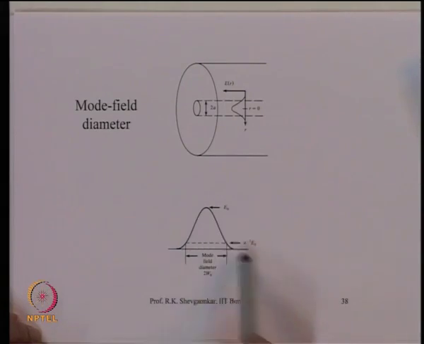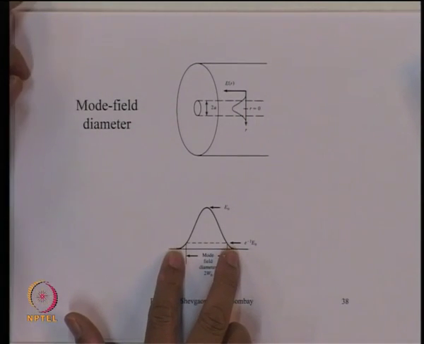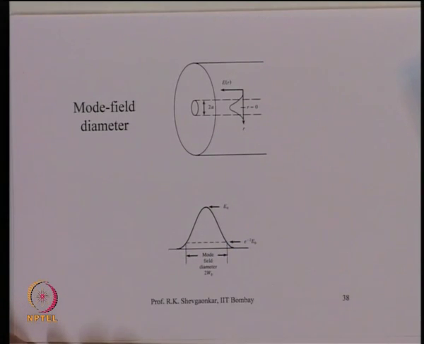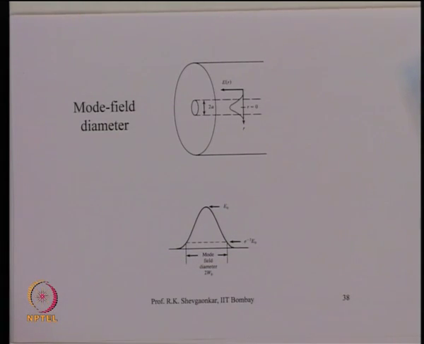Or if I talk in terms of the power, since the power goes as mod E square, the point where the power dies down to 1 over E square of its maximum value is the effective distance up to which the field extends. So, if I measure these 2 points where the field dies down to 1 over E of its maximum value, then you can calculate this diameter, and this diameter we call the mode field diameter of the fiber.